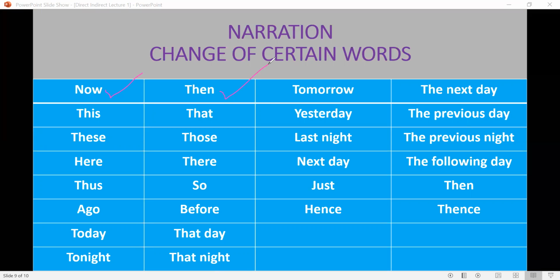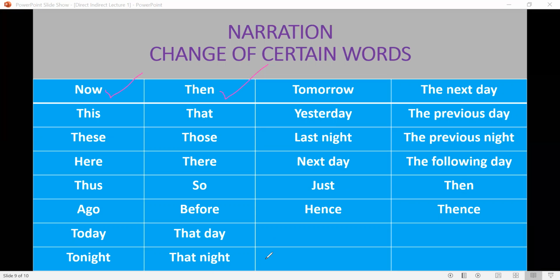Any reference to the things near will be changed into things representing distance. Like this will be changed into that, these into those, here into there, thus into so, ago into before, today into that day, tonight into that night, tomorrow the next day, yesterday the previous day, last night the previous night, next day the following day, just into then, hence into thence.